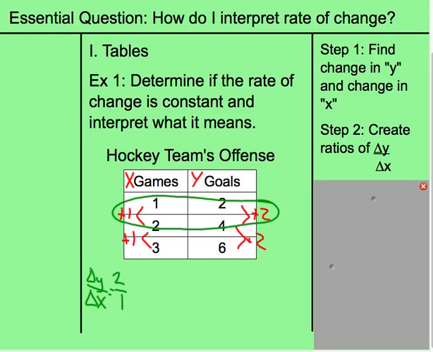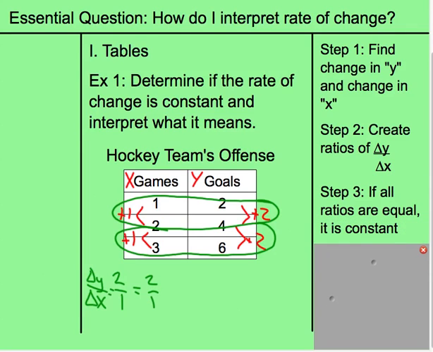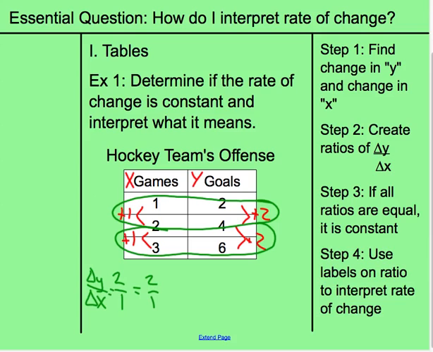Then I'm going to look at my next ratio, and change in y over change in x is again 2 over 1. Once I have those ratios, obviously 2 over 1 equals 2 over 1, so this is a linear relationship. And then we need to use labels in order to interpret what this rate of change means.